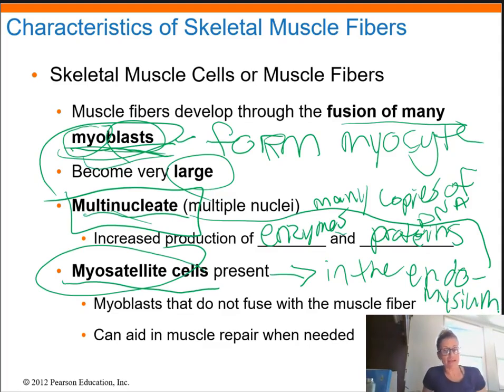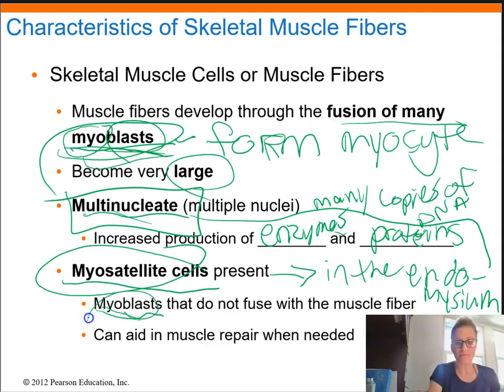These myosatellite cells are just myoblasts that don't actually fuse with the muscle fiber. So when all the other myoblasts, all the other baby cells are coming and fusing together, some myoblasts just stay right on the outside of the muscle fiber. They don't actually fuse. They just sit right on the outside.